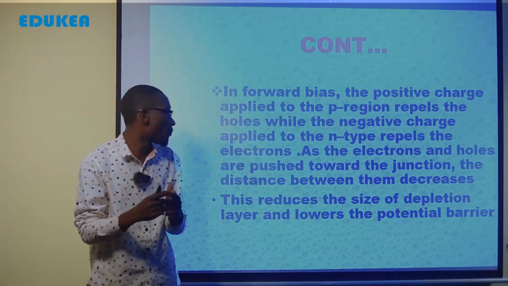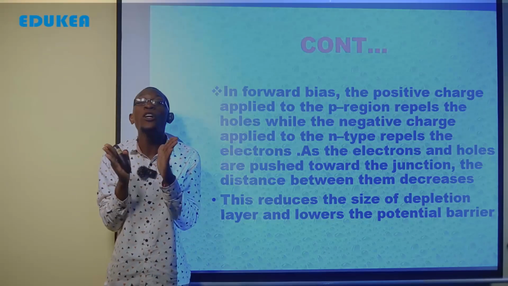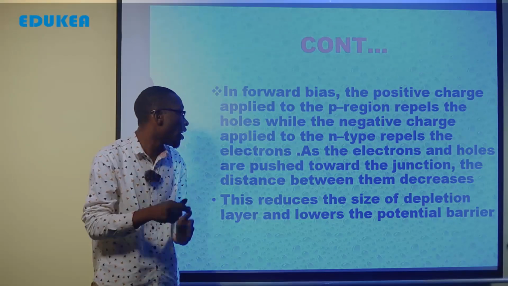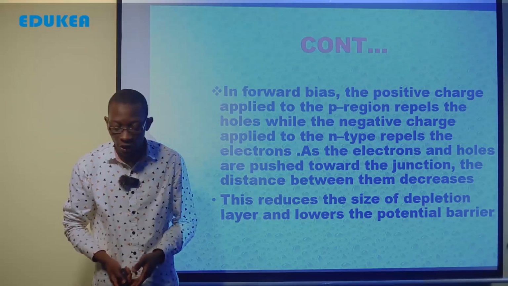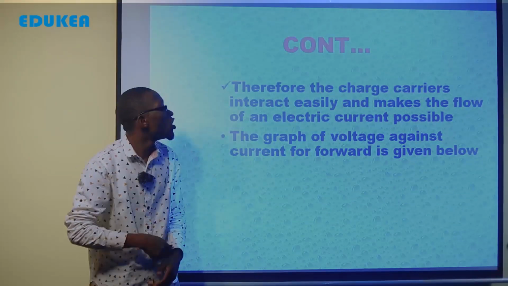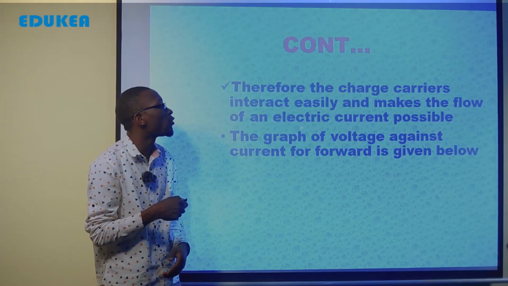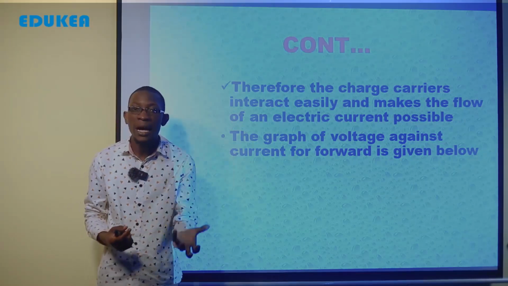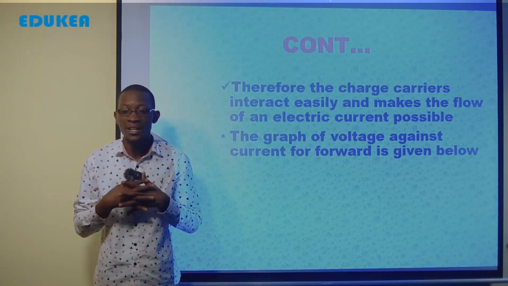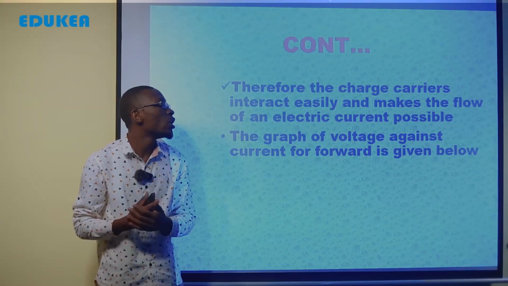Kwa mantiki hiyo inapunguza ile size ya depletion layer na kupunguza ile potential barrier. So therefore the charge carriers interact easily and make the flow of an electric current possible. Kwa hiyo charge carriers kati ya holes na zile electrons zinainteract kwa urahisi na kufanya flow of an electric current kuwa possible.